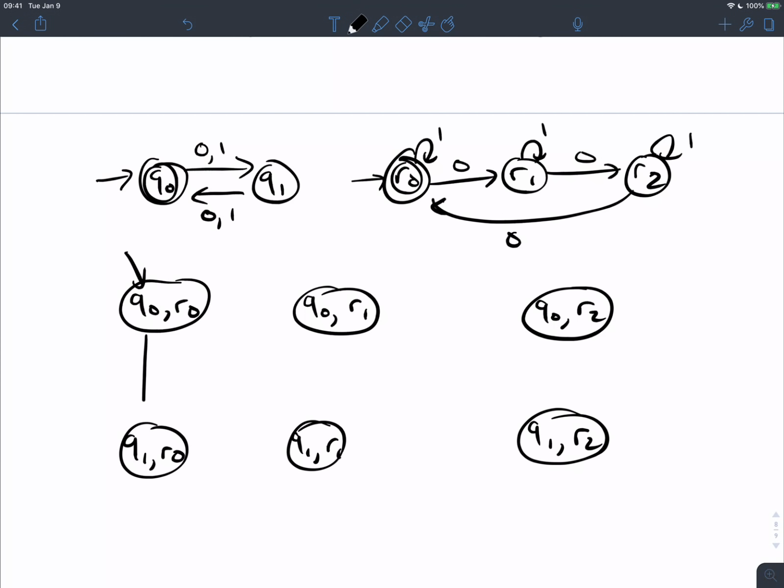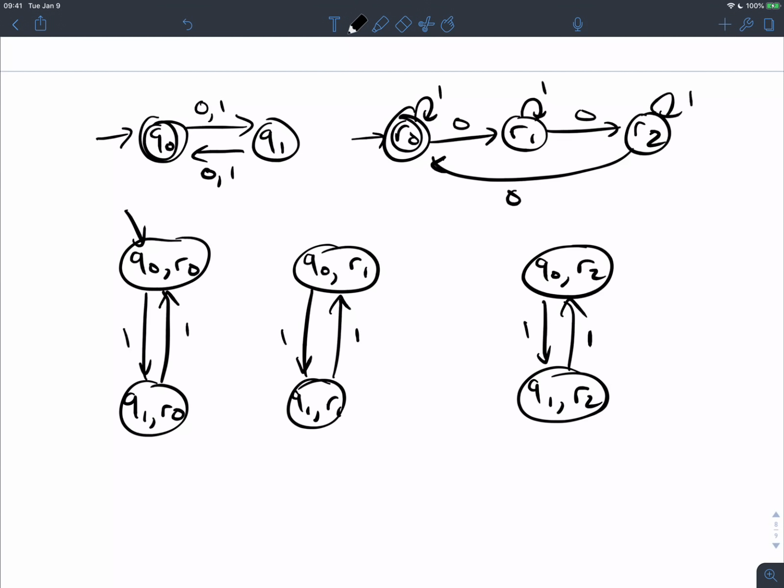So in fact, the transitions for 1 will always do this. So we can sometimes just look at the DFAs and make the process a lot faster, which is really nice in this case. So now it's just the 0 transitions we need to worry about.